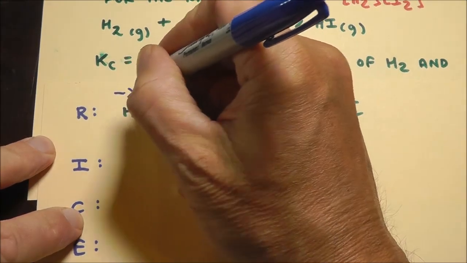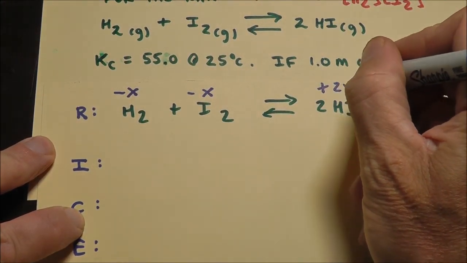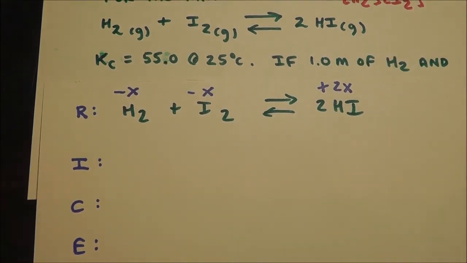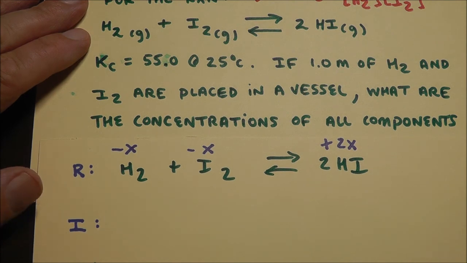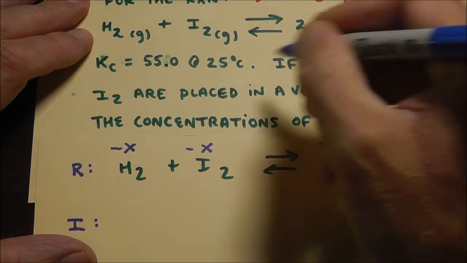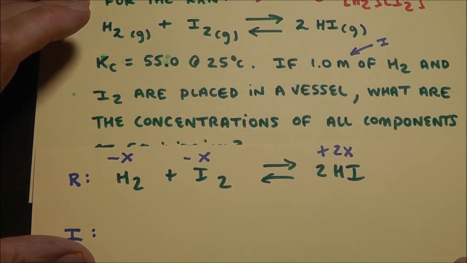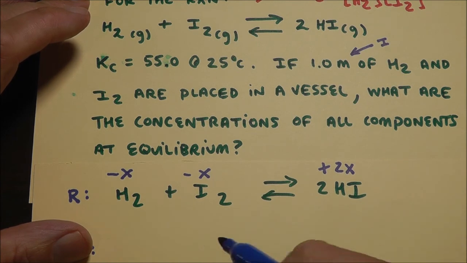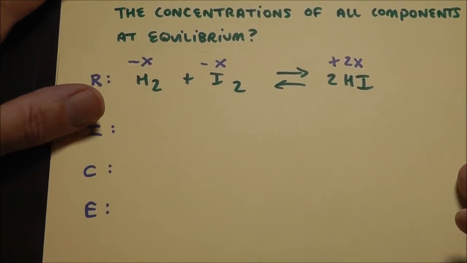Every X of those that disappear create 2X of those. So they told us in the text of the problem, if 1 mole per liter, that would be I. H2 and I2. So okay, nothing else are placed in a vessel. What are the concentrations of all components at equilibrium? We need to find out what's on the E line.